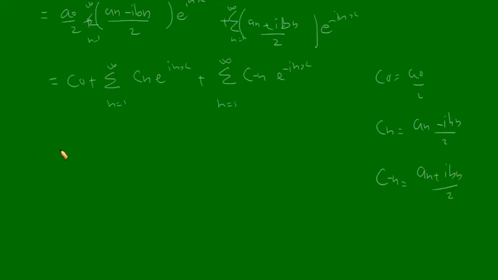Okay. Now adding these three terms, you can write this as summation n from minus infinity to infinity Cn into e raised to inx. If you expand this, you will get these three terms, C naught, then Cn terms, then C minus n terms. Okay, so that is our expansion.